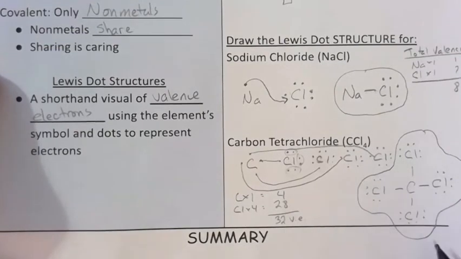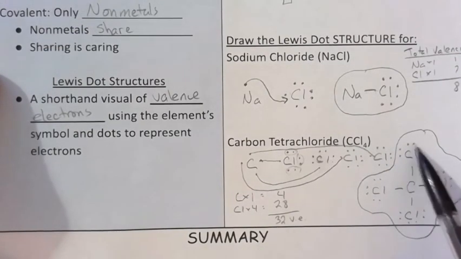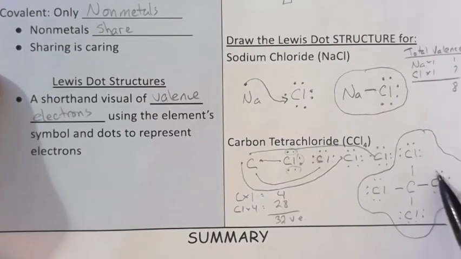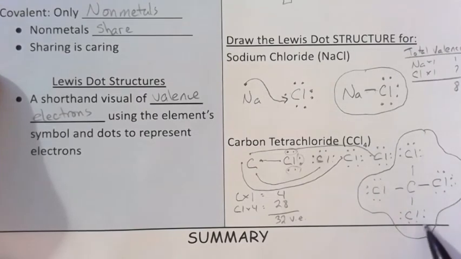And as we go back and count within this circled area, we've got 2, 4, 6, 8, 10, 12, 14, 16, 18, 20, 22, 24, 26, 28, 30, 32.